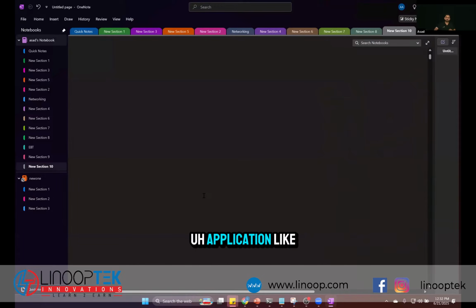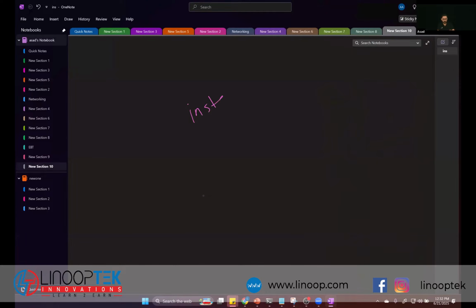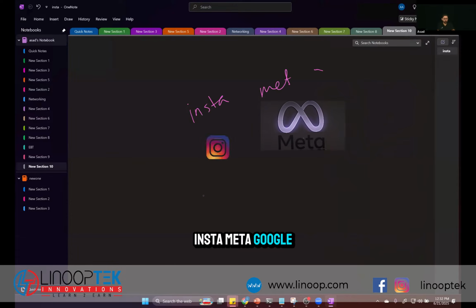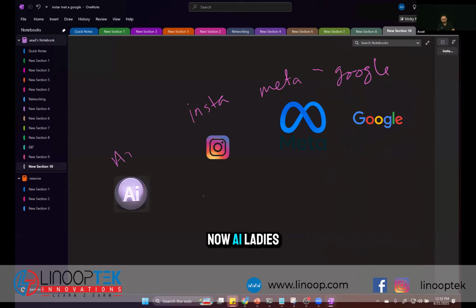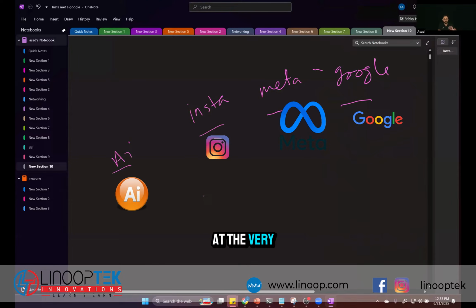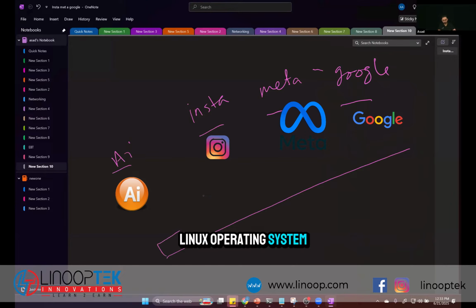Applications like Instagram, Meta, Google, now AI. These are all different applications. They all serve different purposes. You use them in your daily life, so you know these are applications. At the very bottom layer, they're all running on top of a Linux operating system.